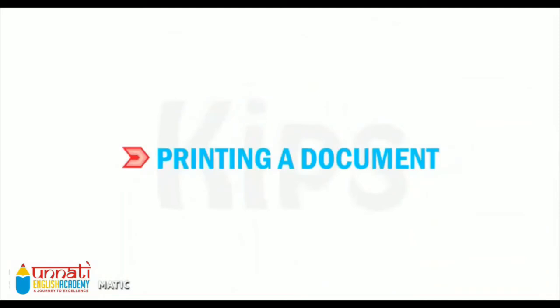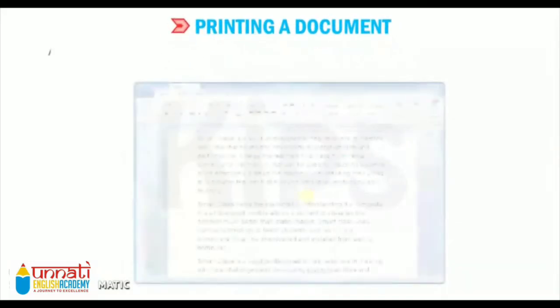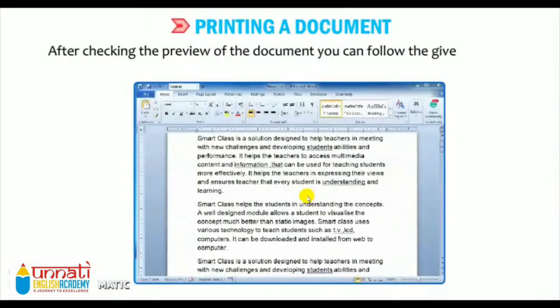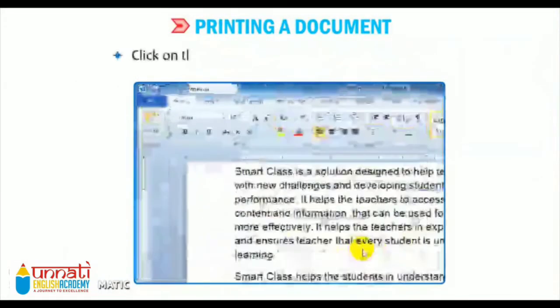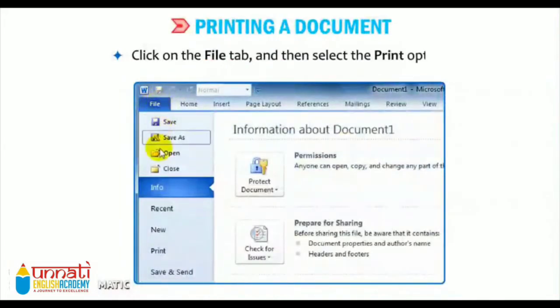Now next, see how to print a document. We have already seen how to preview a document. So the next step is to print the document. After checking the preview of the document, you can follow the given steps to print the document. Once you have checked it, you can easily take the printouts. So click on the File tab and then select the Print option.